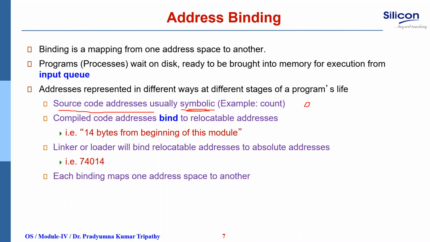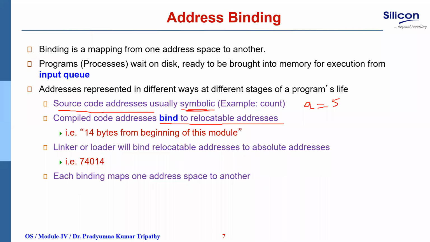Suppose we write A equals 10. A is not actually the address, A is a symbol for a particular location, right? So source code addresses are symbolic. Compiled code addresses, when it is being compiled, right? Compiled code addresses bind to relocatable addresses. So where it will be stored, the compiled code address will bind it.